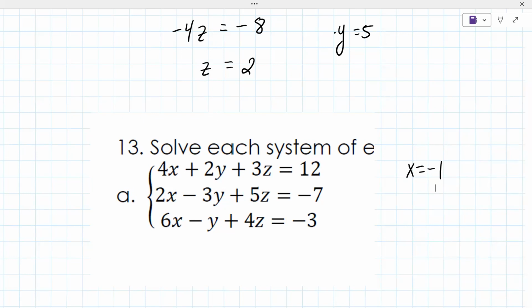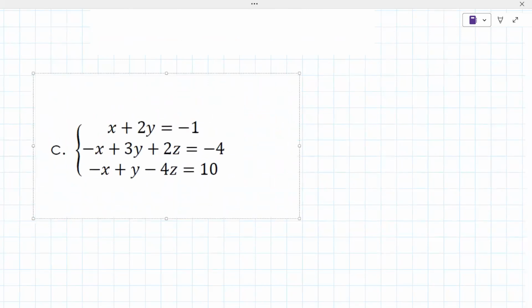All right, so I want to do number C differently, and then we'll come back. I want to make sure we get to this. We've not done this yet, and I can just see this being a potential thing in your class. Give me just a moment here.